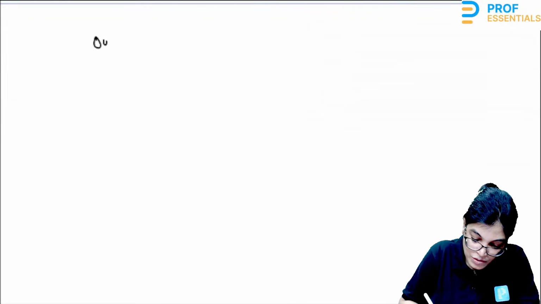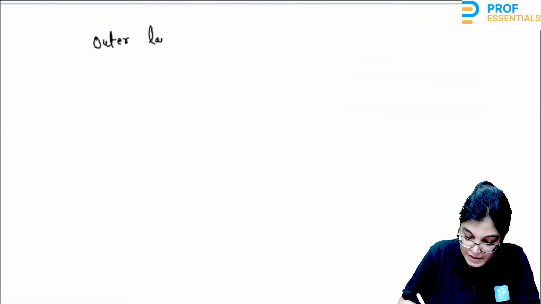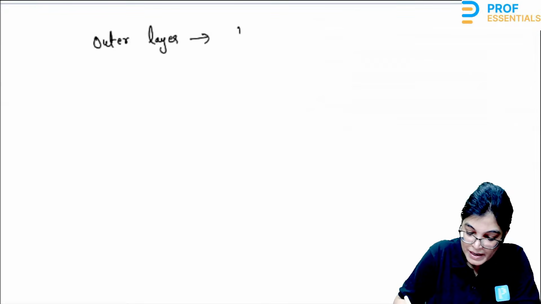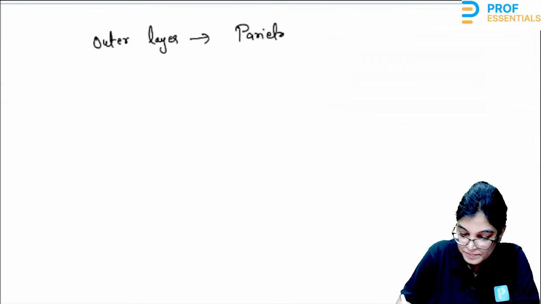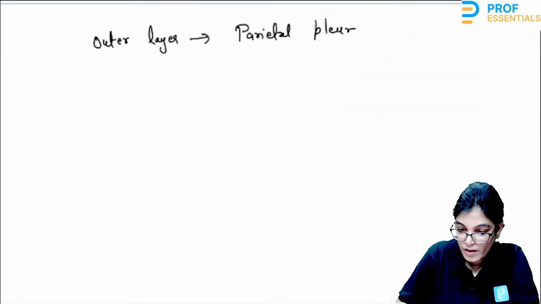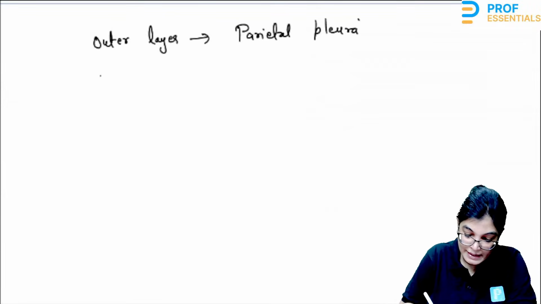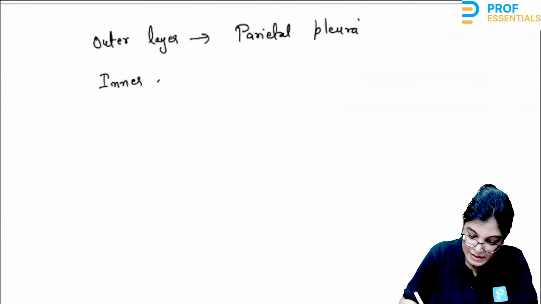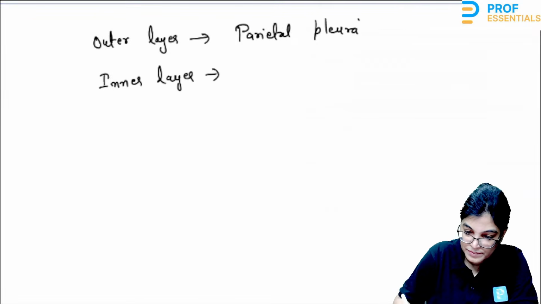And if I talk about this double layered sac, the outer layer is the parietal pleura, and the inner layer is the visceral pleura.